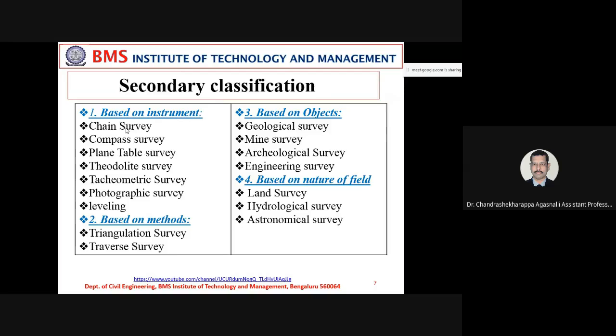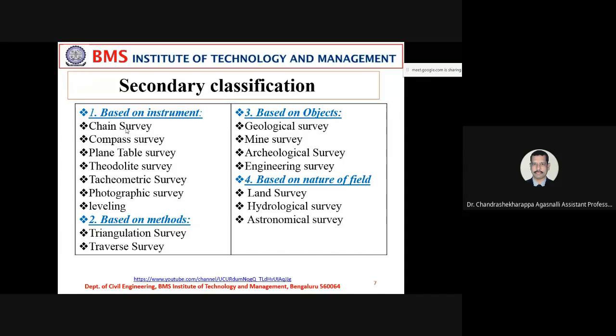So, the secondary classification. What are those secondary classifications? The first one is based on instrument.